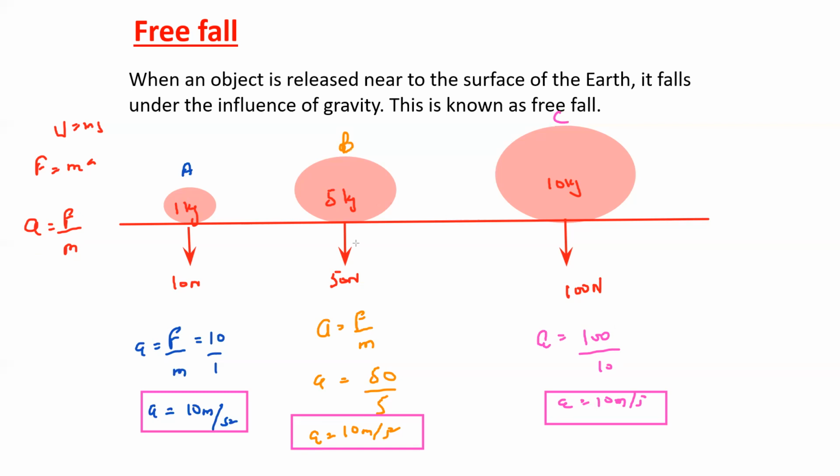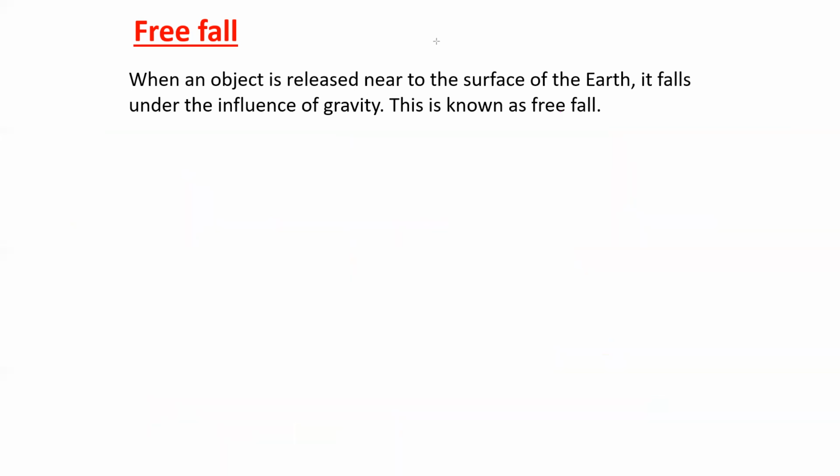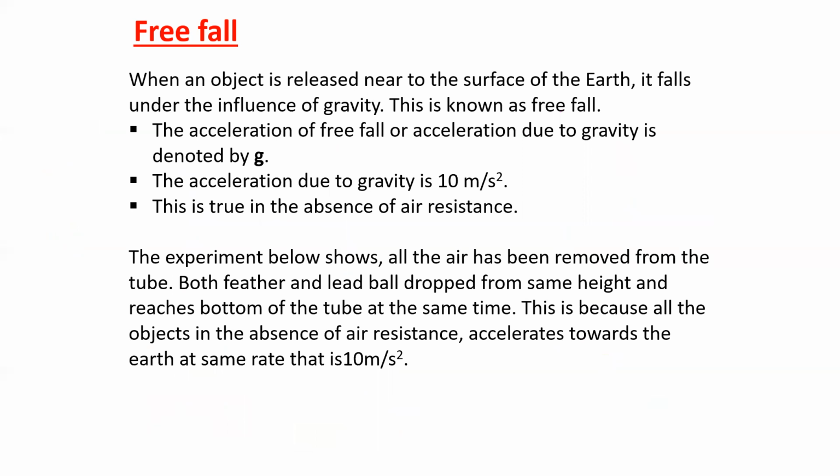So in the absence of air resistance, objects have the same acceleration. So when they fall towards the surface of the earth, they will take the same time to hit the surface. And we call that acceleration due to gravity. But the condition: in the absence of air resistance.